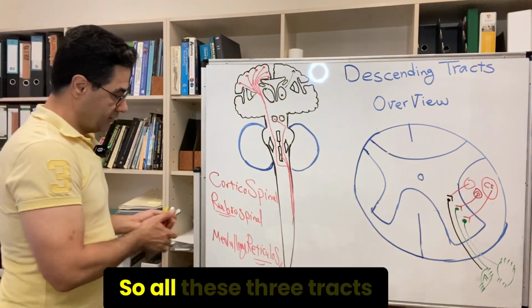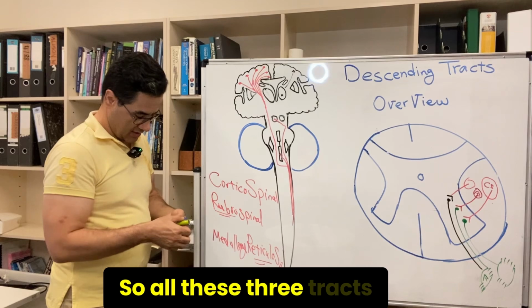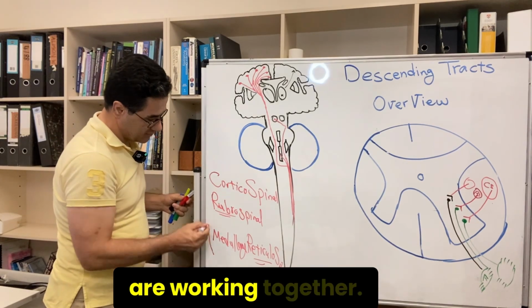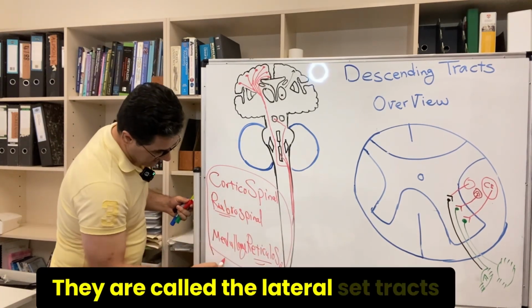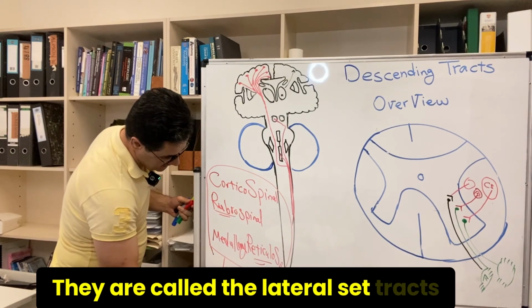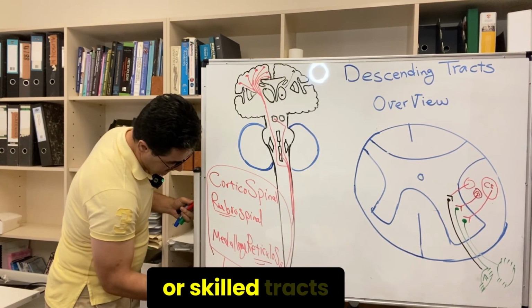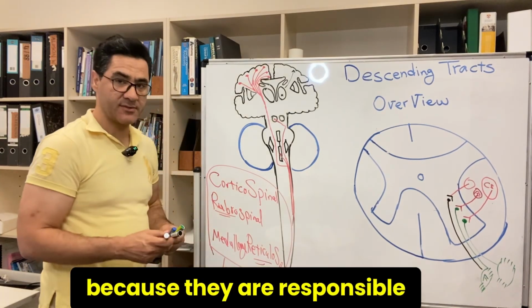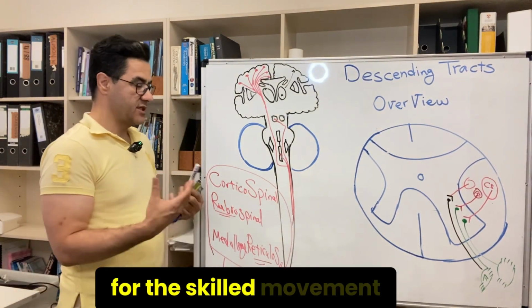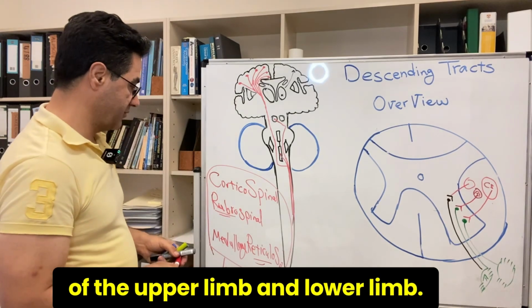So all these three tracts are working together. They are called the lateral set tracts or skilled tracts because they are responsible for the skilled movement of the upper limb and lower limb.